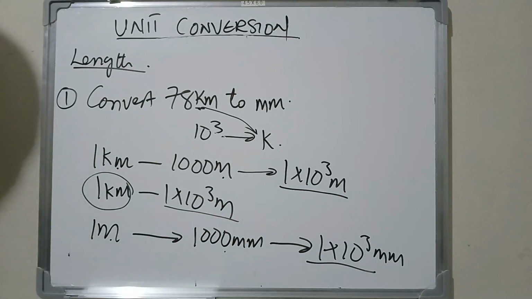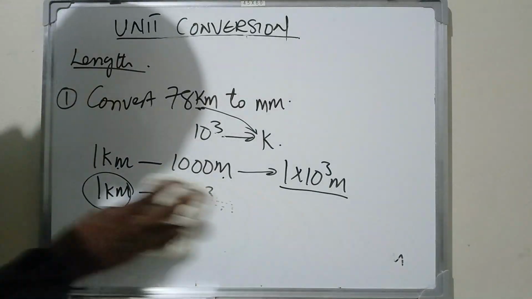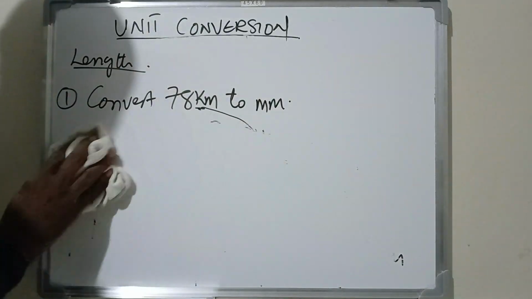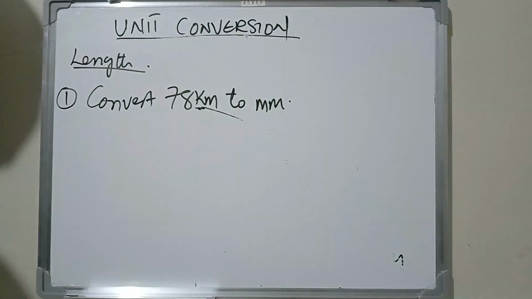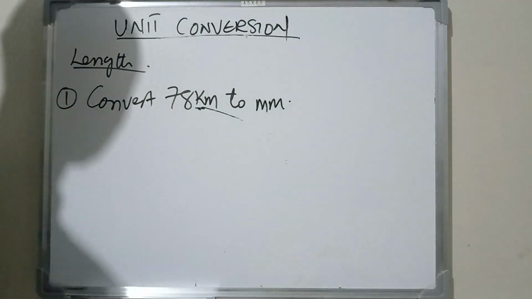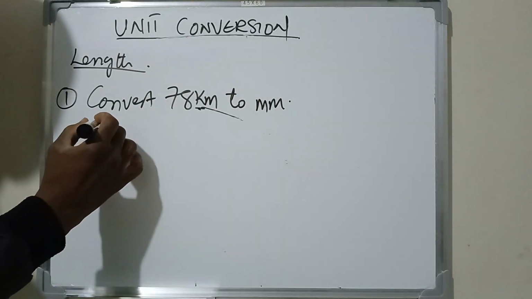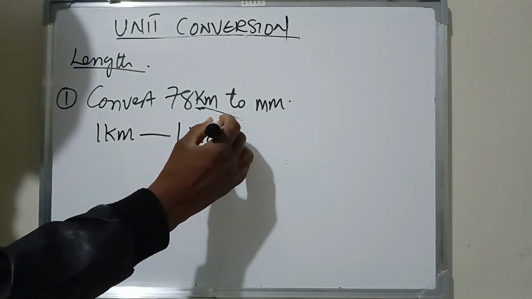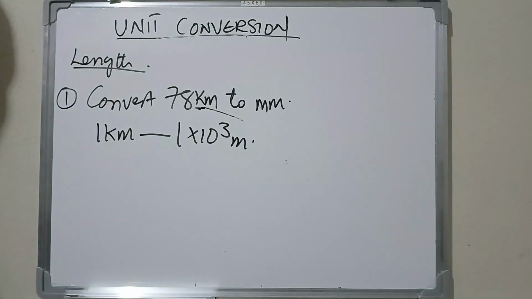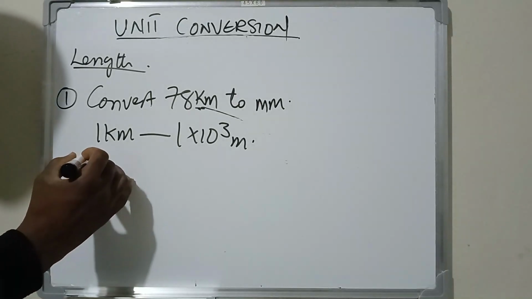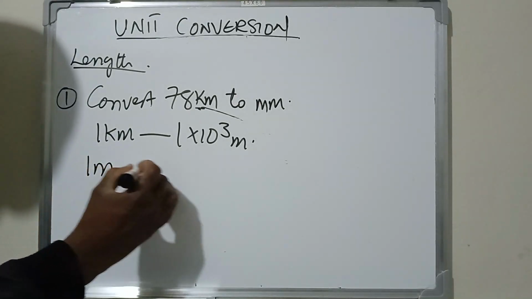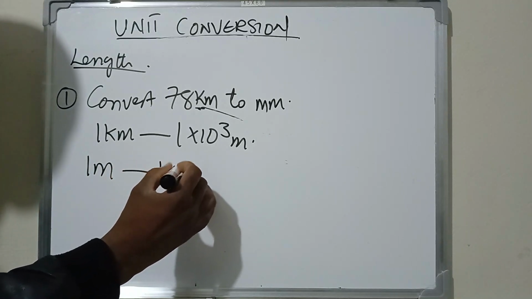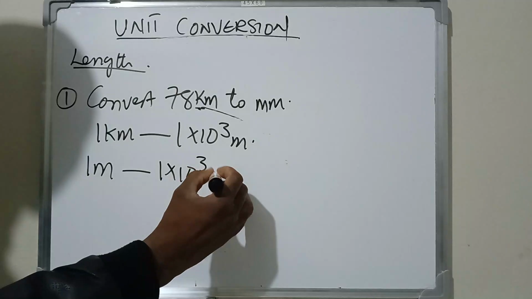So since we have established this, let's write them properly. Okay. So we know that from what we said, 1 kilometer is equal to 1 times 10 to the power 3 meters. All right. Now, we also know that 1 meter is equal to 1 times 10 to the power 3 millimeters.